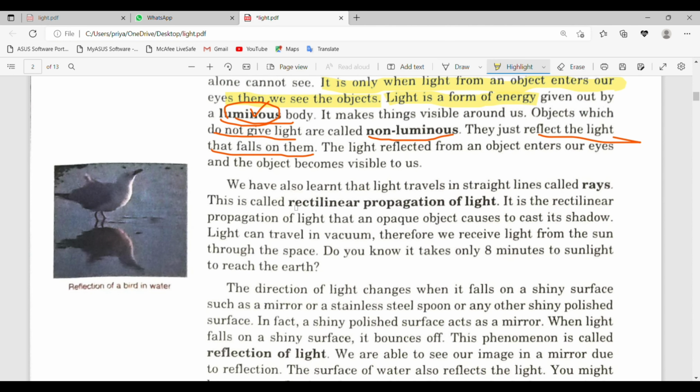Understand that when light travels in a straight line, it is known as rays. But this phenomenon of traveling of light in a straight line is known as rectilinear propagation of light. Rectilinear propagation of light is described as light traveling in a straight line.